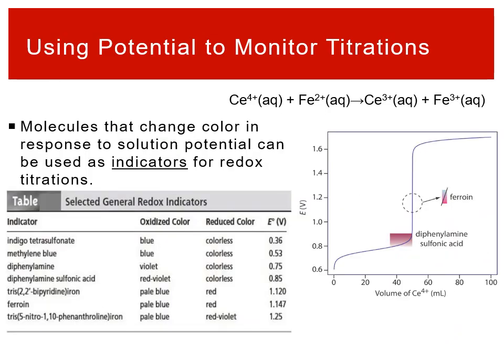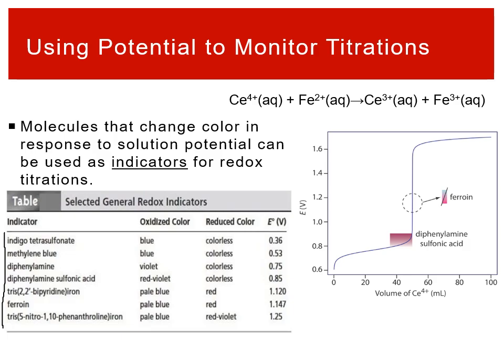This change in the potential can also affect other molecules that are indicators for redox titrations. And so just like we saw with acid-base titrations, when you're dealing with redox titrations, there are molecules that get affected by the redox chemistry and they change colors if they're oxidized or reduced.